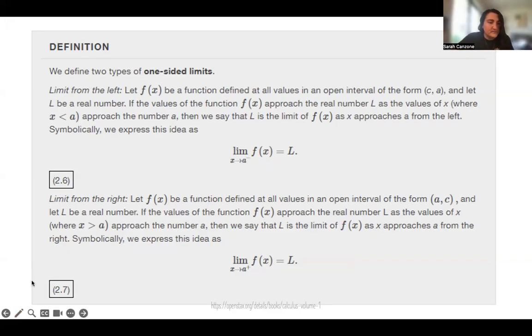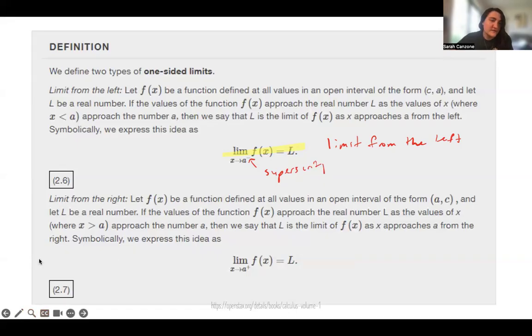And so right here is the definition of a limit from the left. And we notice that it's from the left because we have a superscript minus. This is a superscript.